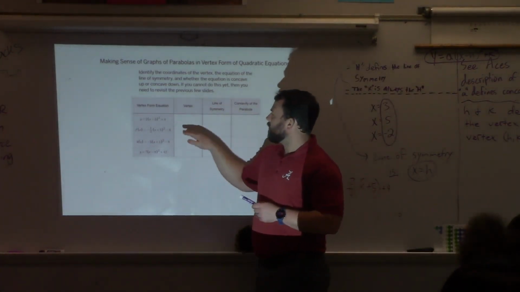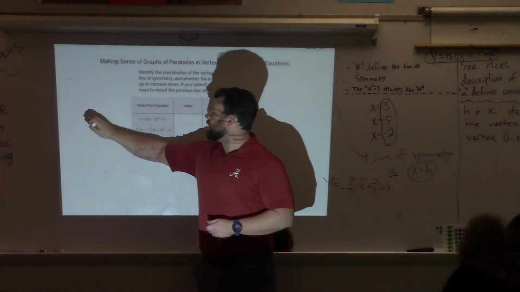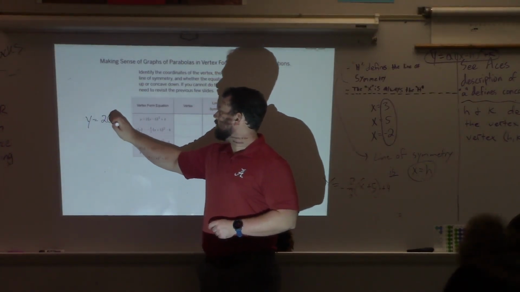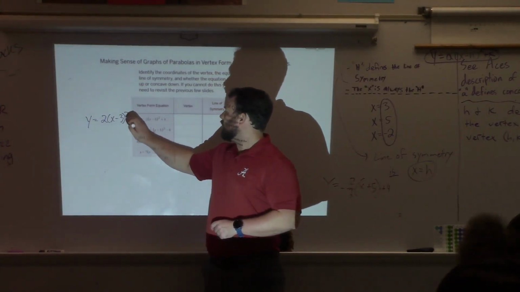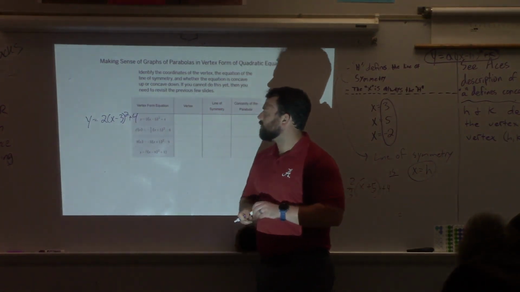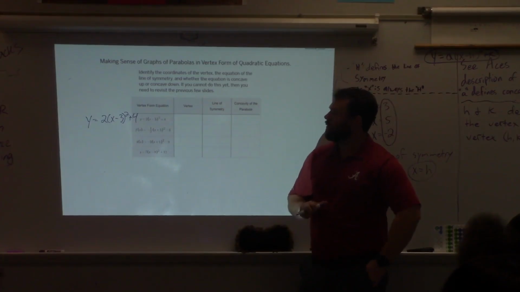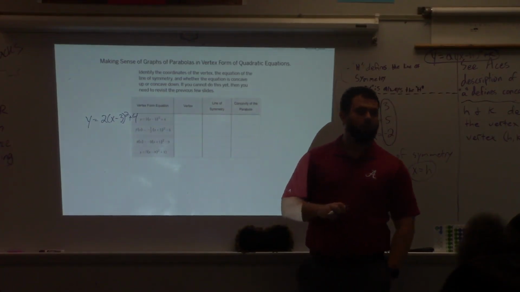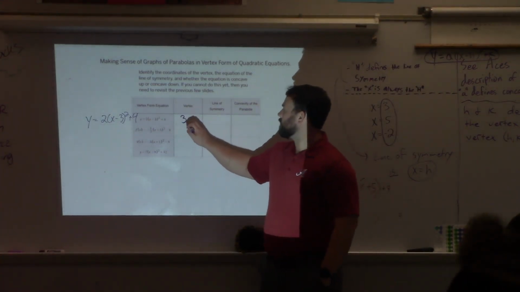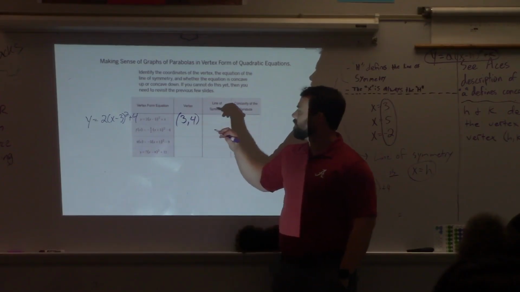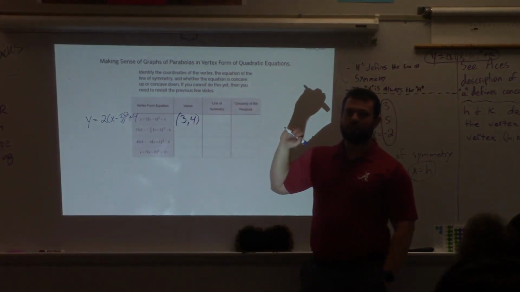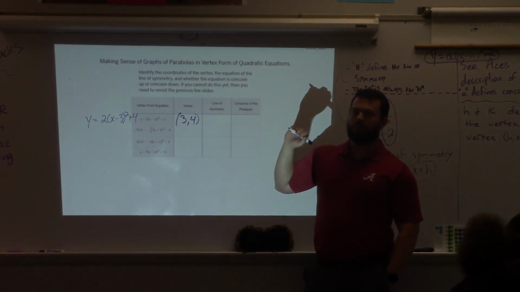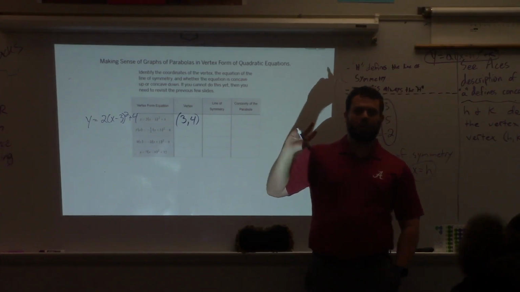What is the vertex? If my equation is this top one, what's the vertex? Is it -3 or +3? It's positive. Why is it positive? You have to switch it, we need the opposite.